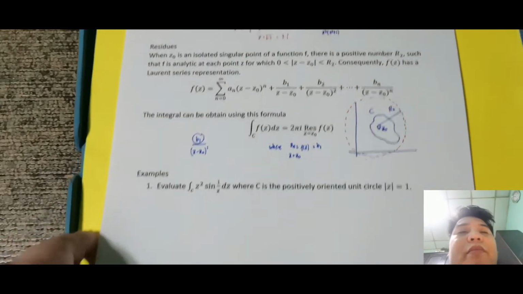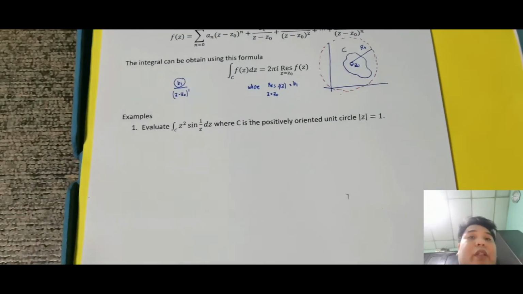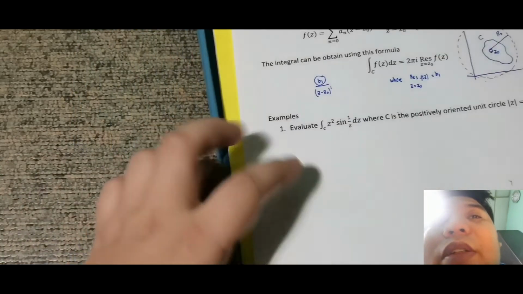Okay, so for example, evaluate the integral of z squared sine 1 over z dz along the contour C, where C is the positively oriented unit circle with radius 1. Okay, so note na yung function natin dyan, yung f of z natin dyan, write ko na lang, no?